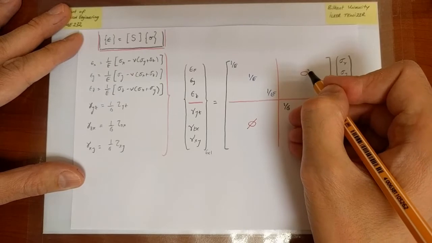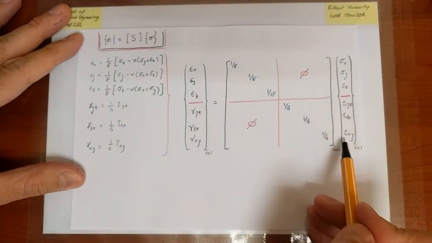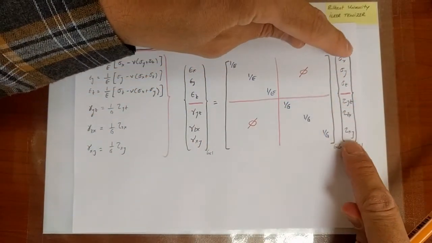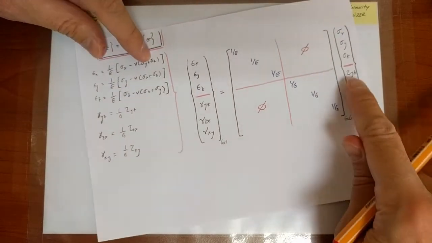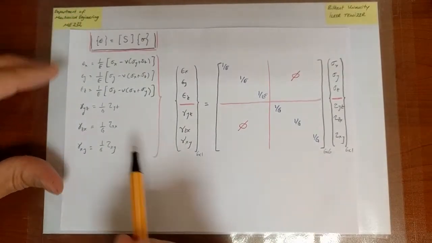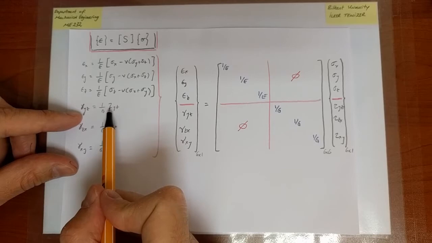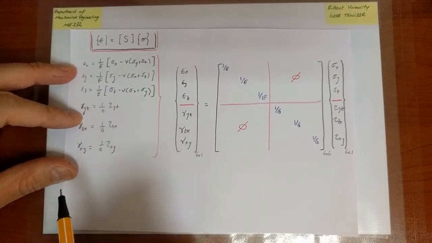And here as well, I have a big zero matrix because no component of the normal strain depends on the shear stresses. To calculate epsilon, I would take that row, multiply it with this vector, and I don't see any tau appearing in that outcome for any normal strain. So that's a big zero as well. Now, moreover, any component of gamma is related to only its own shear stress tau.